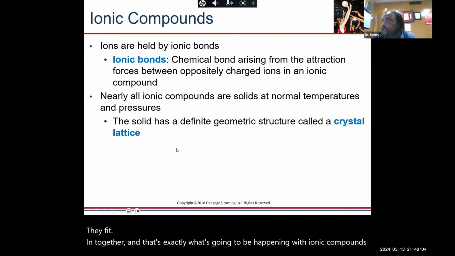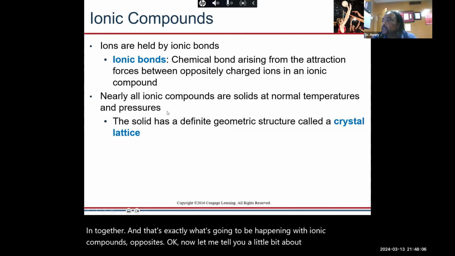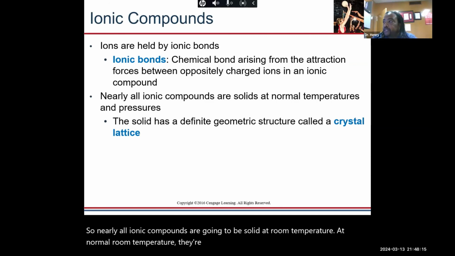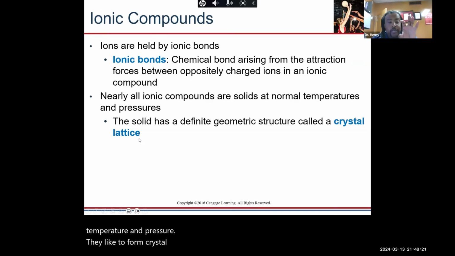Okay, now let me tell you a little bit about ionic compounds. Nearly all ionic compounds are going to be solid at normal room temperature, and that's also at standard pressure. They like to form crystal lattices, so they're organized in their structure.